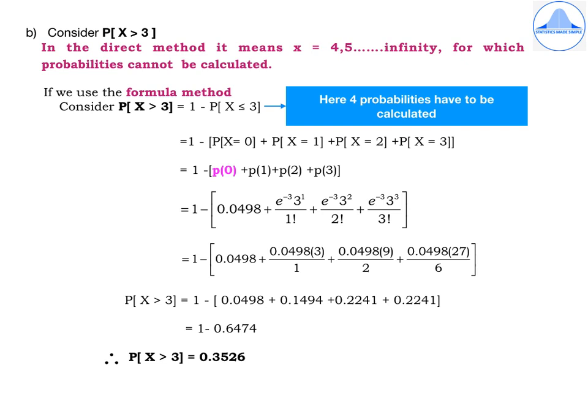Now P of 0, which I have marked in pink color, we have already calculated in the first subdivision, and we have got the value as 0.0498. So now the next step reduces to 1 minus, open the square bracket, 0.0498 plus, now to find out P of 1, P of 2, P of 3, what should you do?